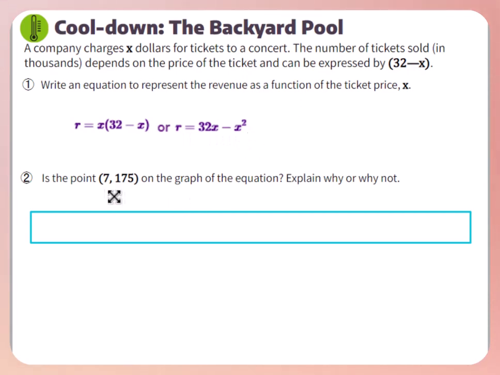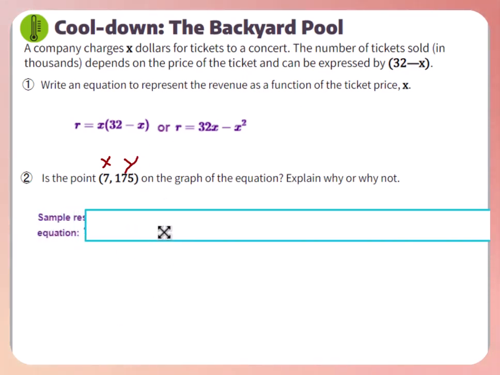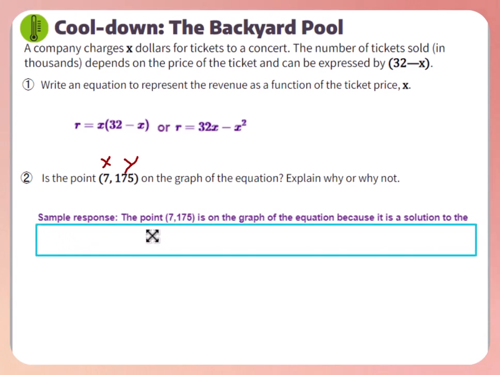Now you're asked, is the point (7, 175) on the graph of the equation? So let this be your X and let this be your Y. If you're just guessing and you say yes, that's not going to be enough. The answer is yes, it's on the graph, but tell me how you know that.